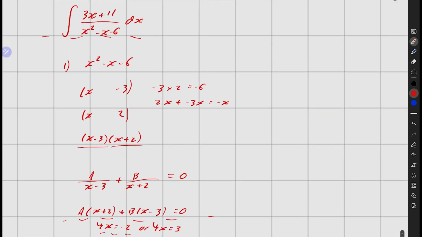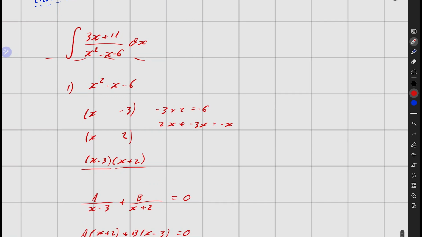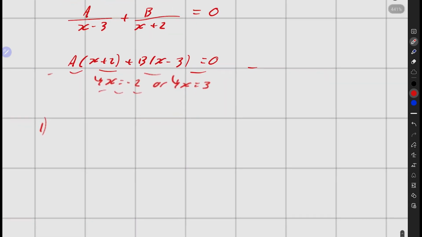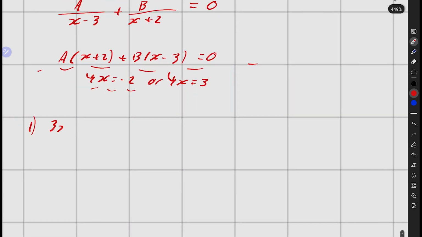So step 1, for our first equation, we're going to set x equal to minus 2 and solve for a. When we're solving for an equivalent fraction broken into two parts, look at the numerator, 3x plus 11. We're going to write this out: 3x plus 11 is going to be equal to our a and b values cross multiplied with the factorized quadratic.